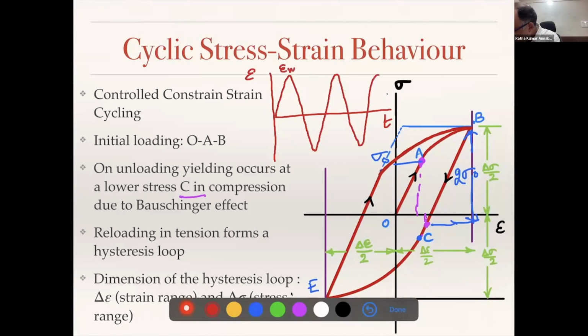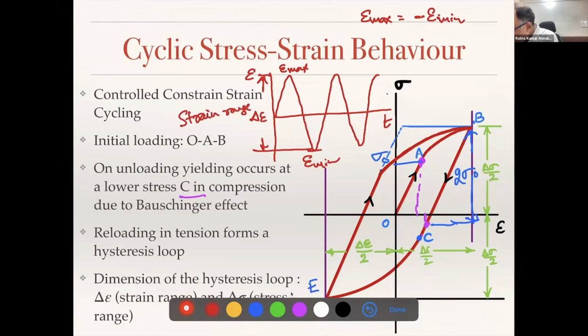So this is your epsilon max, this is your epsilon min, and what you can say is that epsilon max is equal to minus epsilon min. And this is what we call delta epsilon or strain range.